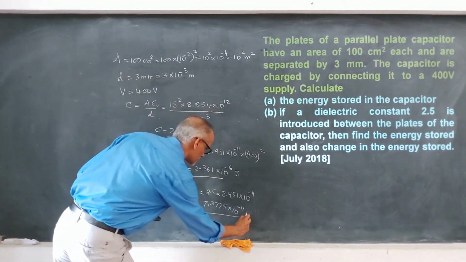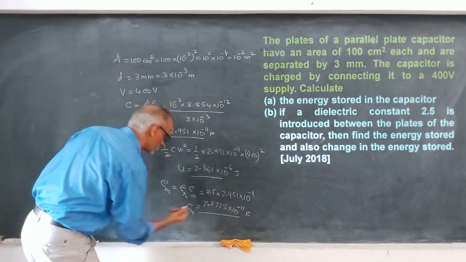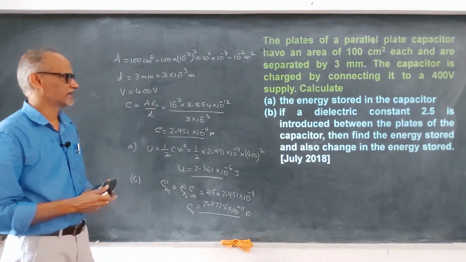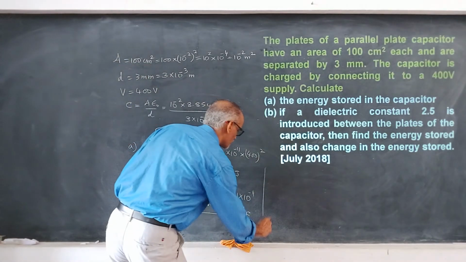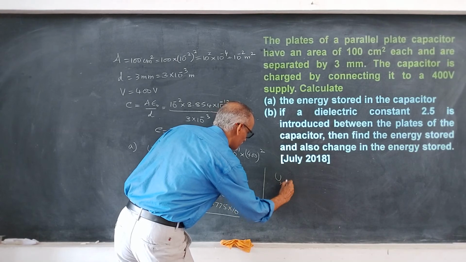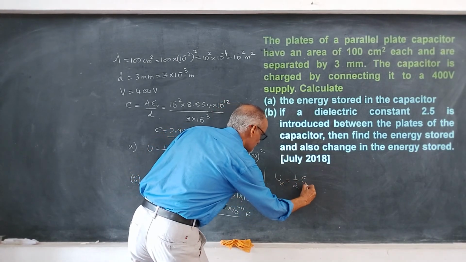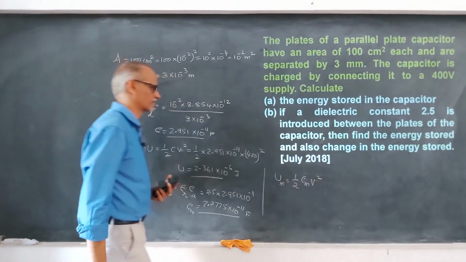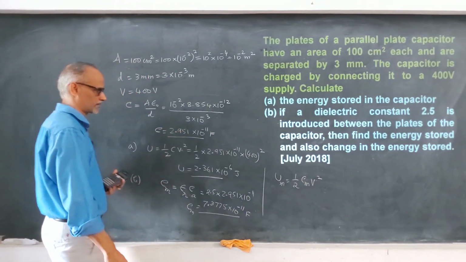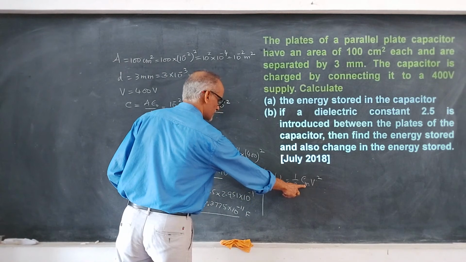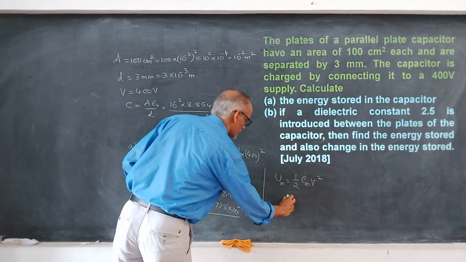So, this is the new capacitance in farad. Now we have to find the energy stored and the change in the energy. So, how to find the energy stored? New energy we will calculate, energy in a medium. It is half Cm V square. Half Cm is the new capacitance, right, and then V square.